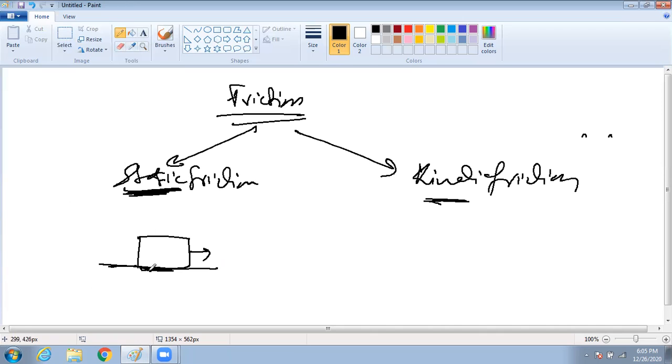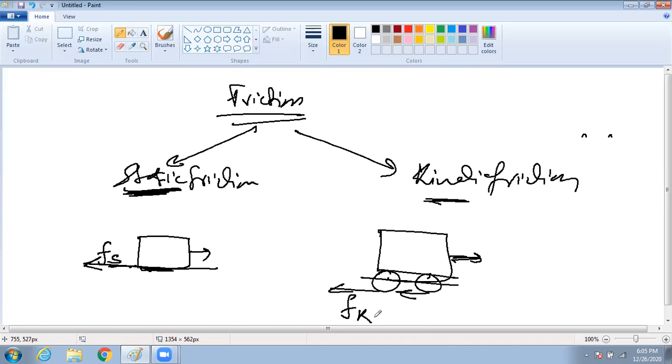When the body is at rest, the force acting is called static friction. And when the body is moving, let's say a cart which is moving, when you're pulling, the friction which acts on the wheels is called kinetic friction. That's it. Nothing more.